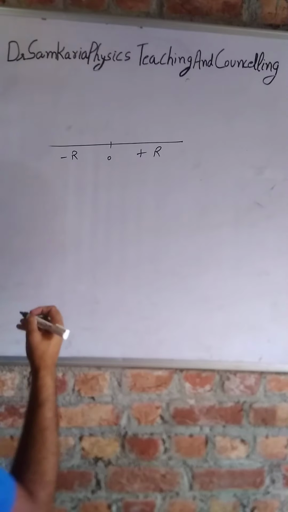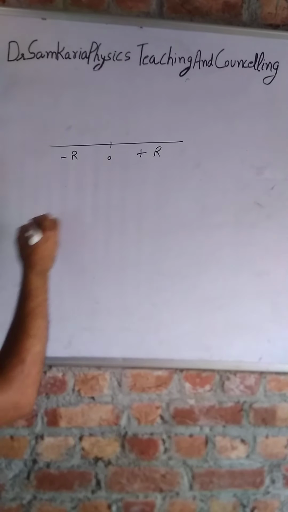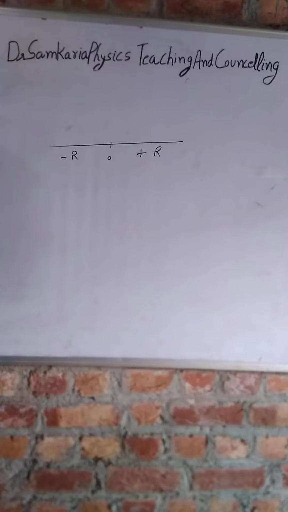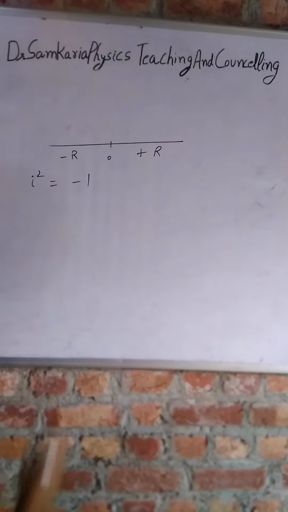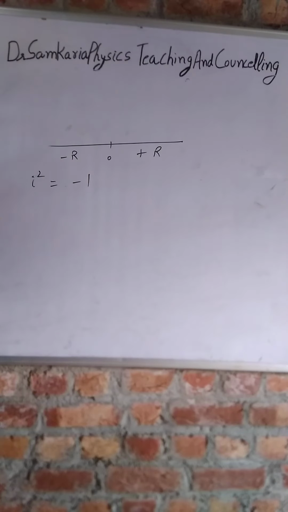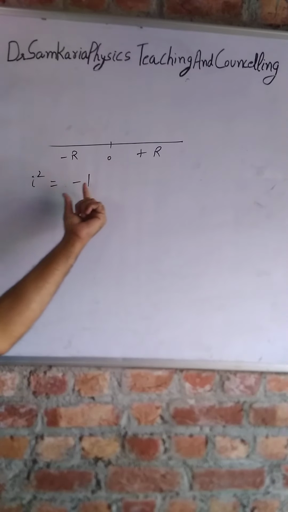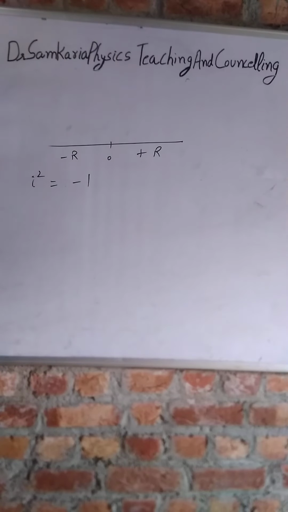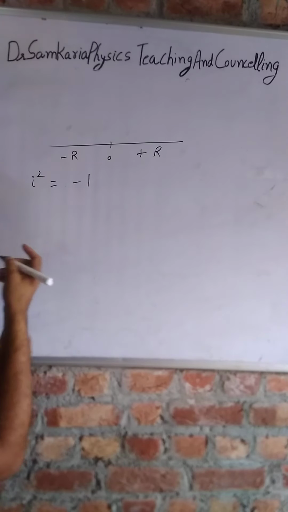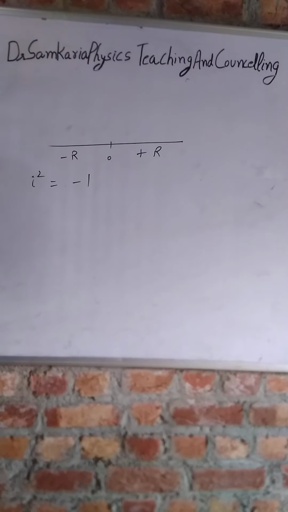Because we have shown that i^2 is equal to minus 1, this means that if we multiply i twice, we will get minus 1, or a rotation of 180 degree. It means if we multiply i once, we will get a rotation of 90 degree. So this means multiplication by i corresponds to a 90 degree rotation.